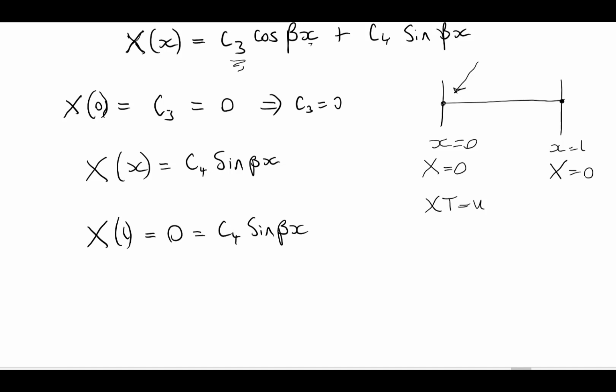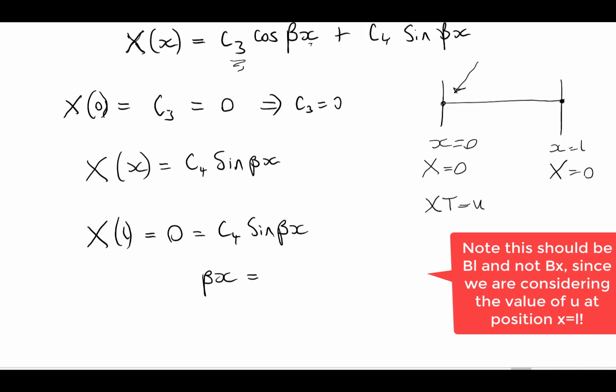And the only way that we can have X of L be equal to 0 is if beta x is equal to 0 or pi or 2 pi or 3 pi, because the sine of 0, pi, 2 pi or 3 pi is equal to 0. So beta x must be equal to 0, pi, 2 pi or 3 pi.